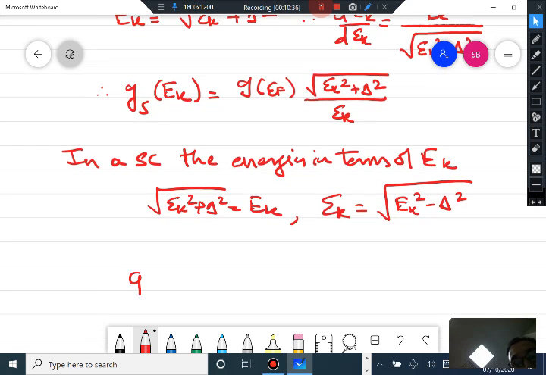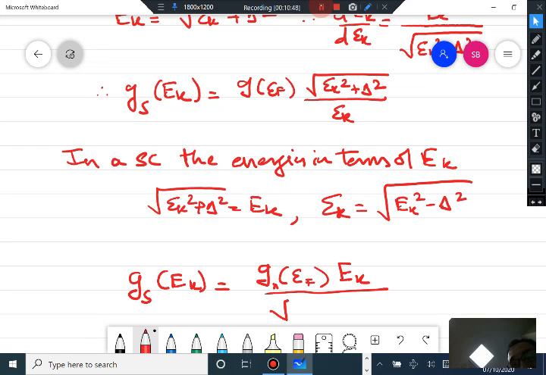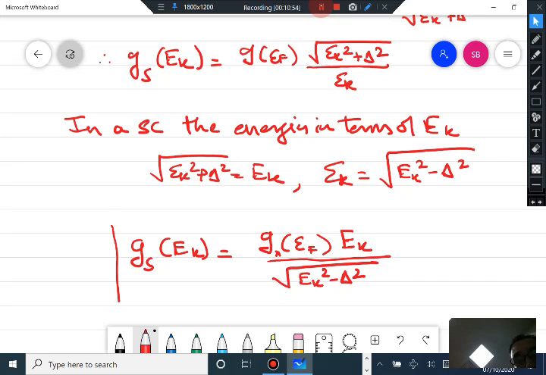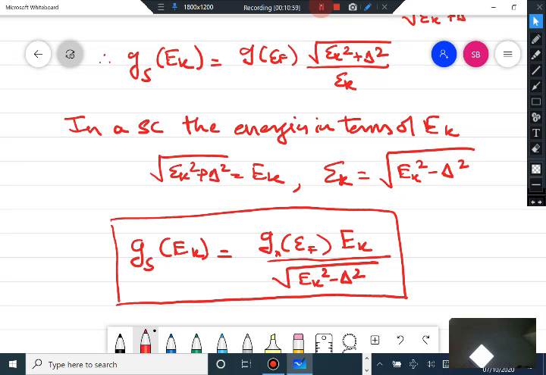So therefore Gs Ek is, and this is the expression for the density of states around the Fermi energy.